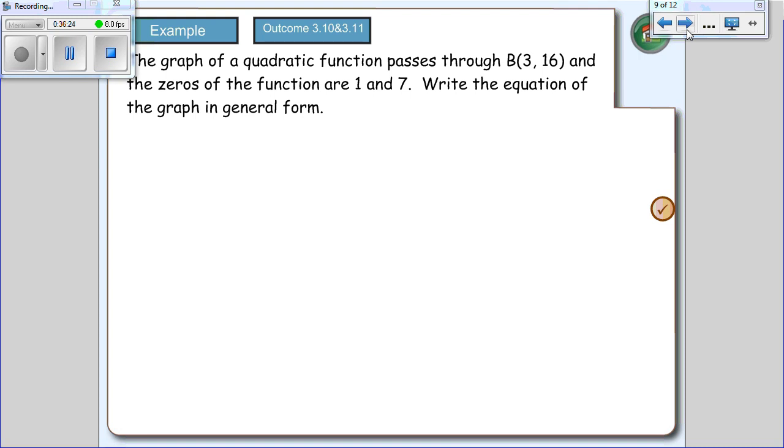This is a literal point on the graph that the line crosses through. They've labeled it point B, and it's an actual point on the graph that they've given you. What are zeros?